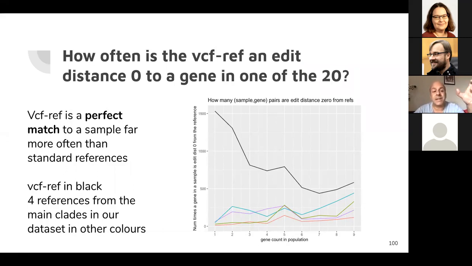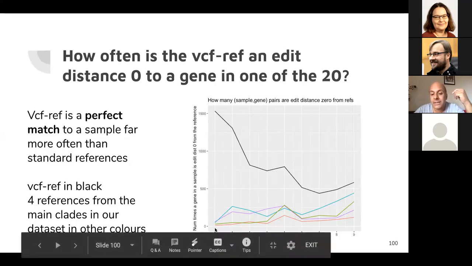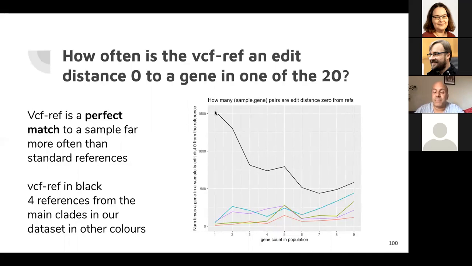It's edit distance 0. So how often is your reference perfectly the same as your sample? And so there's actually nothing to describe, okay? And you can see it happens sort of 1,500 times. Well, these are genes that only exist once in the population, and there's no SNPs there, but they're 1,500 times where we perfectly recapitulate the gene.